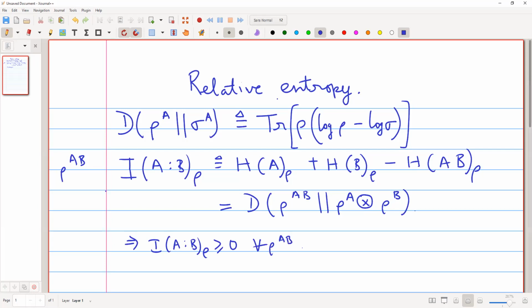That was because we had proved even before that the relative entropy of any two states, rho and sigma, is greater than or equal to 0, and it is 0 if and only if rho is equal to sigma. So this is always greater than or equal to 0.